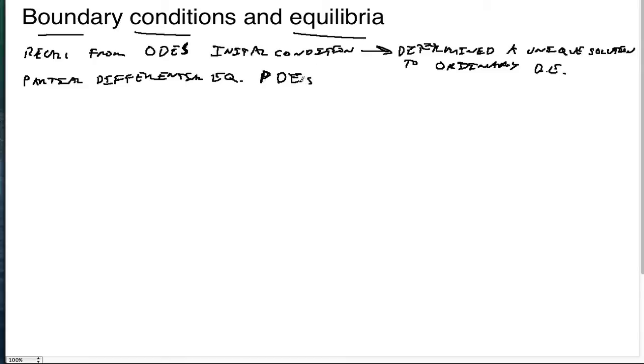Okay, so for PDEs, we need a few more things that go beyond initial conditions, and that's what we call a boundary condition. And so let's go back to our particular example, the one partial differential equation we know, which is the heat equation.